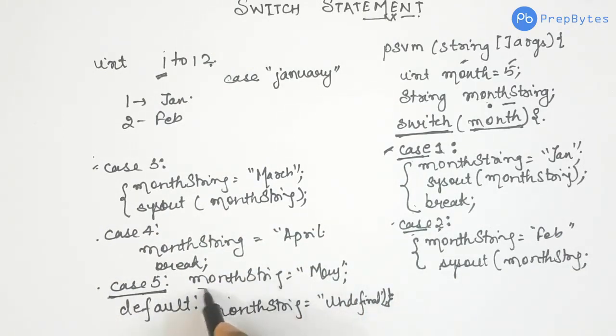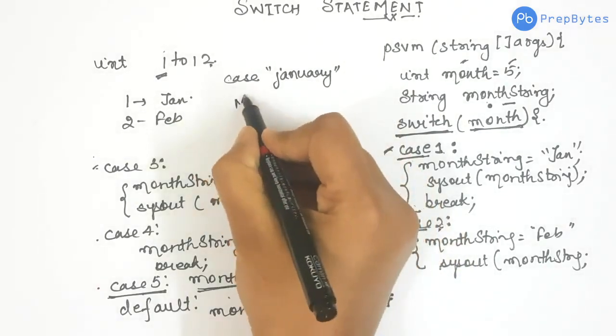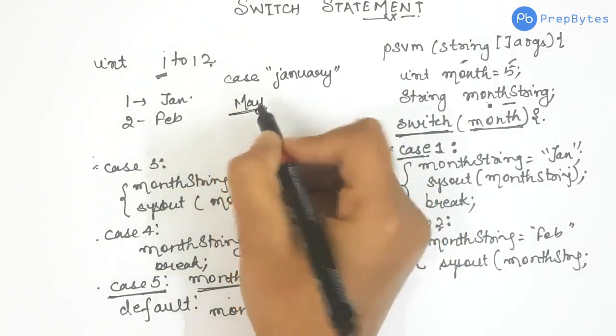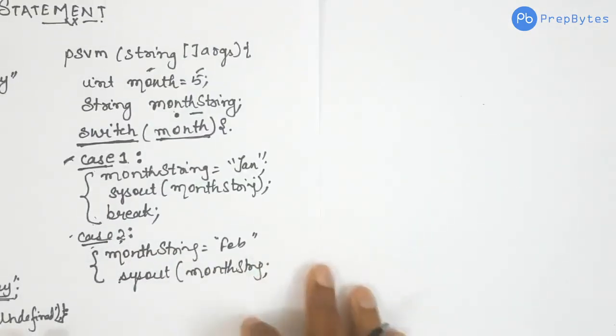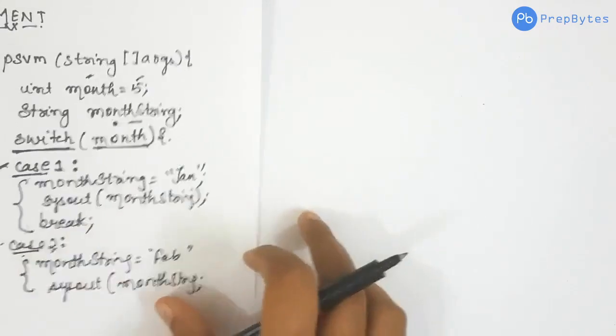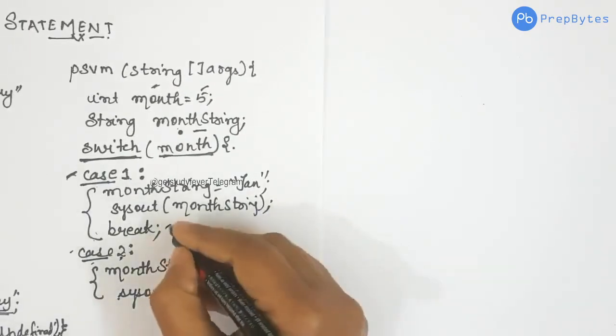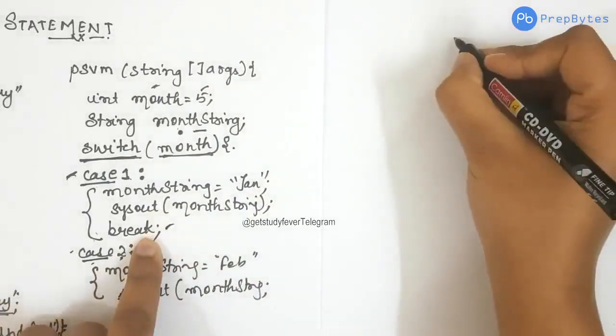Here we have just one statement, month string equal to May. This statement gets executed. If there would have been one more statement, let's say sys out month string, then May would have got printed. So there are several things to note here. As you can see, we are using a break statement here.